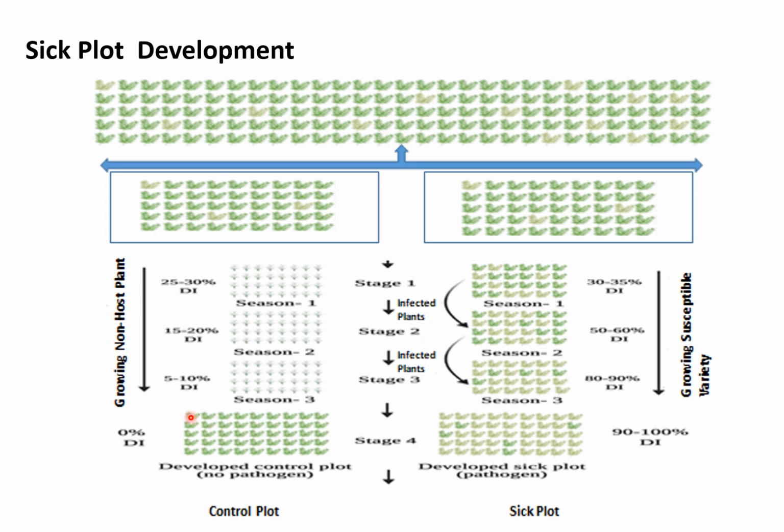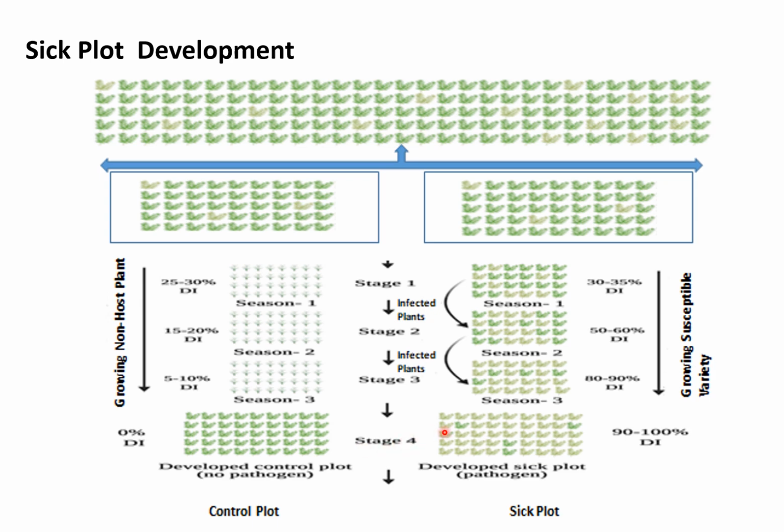So if we want to see the resistance or susceptibility of 5 varieties, we grow the 5 varieties, and then the check or the susceptible variety along with them. And again, we grow 5 varieties along with the check. And then we replicate these varieties in the plot.